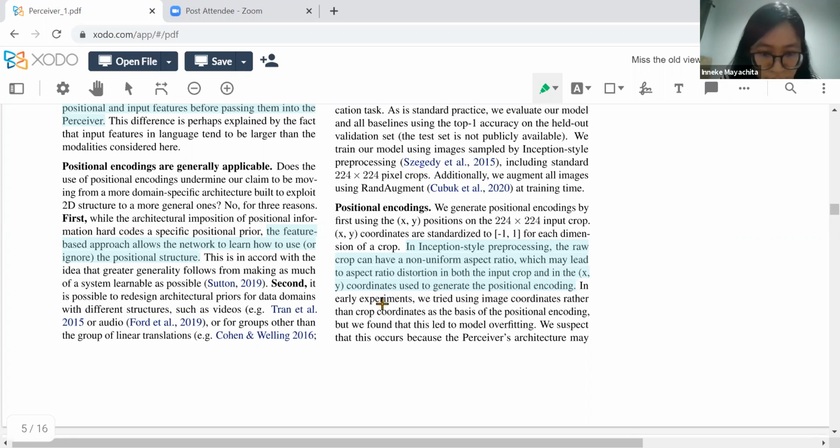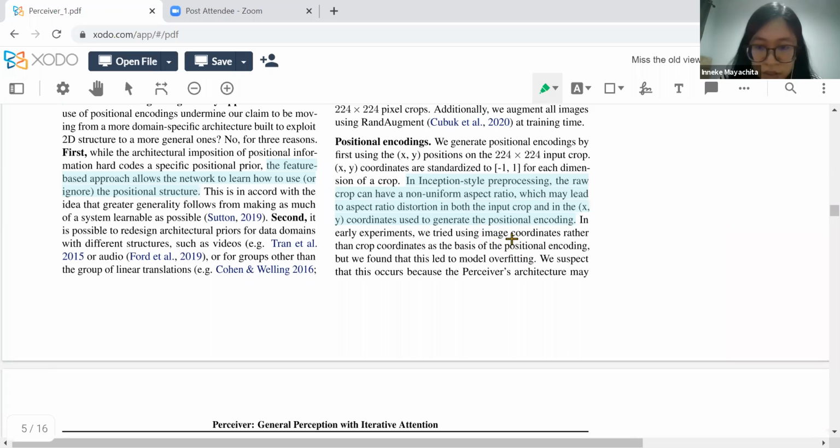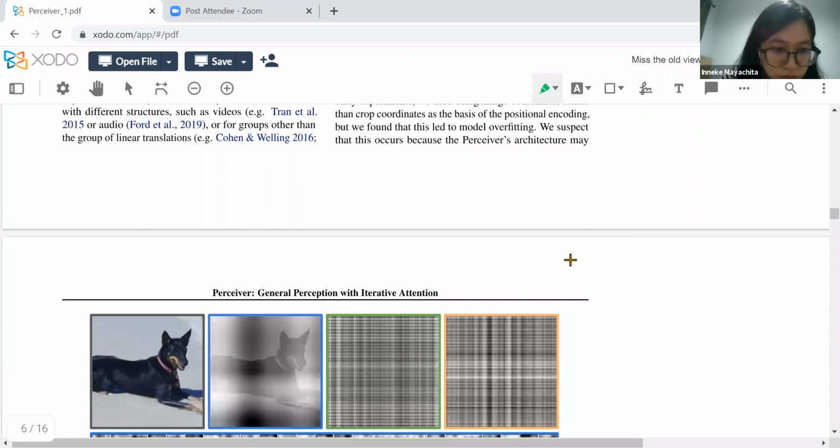And they mention that in earlier experiments, they tried using image coordinates instead, I guess to avoid this distorted aspect ratio, but they found that the model overfits. But my question is, if it might lead to distorted aspect ratio, isn't it going to affect the model also? I'm not really sure.